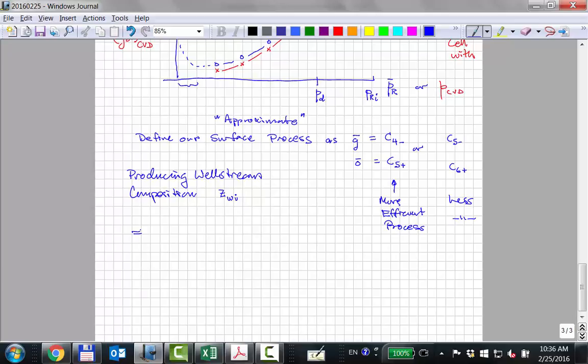We can translate that into an oil-gas ratio in a very simple form. We can say that our C5+ mole percent is going to contribute to the oil, and the C4 minus to the gas. So what you get is z_w5+ over 1 minus z_w5+. This is the gas mole fraction, and that's the surface oil mole fraction.